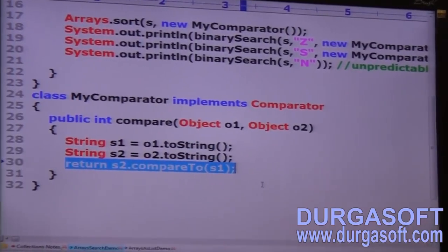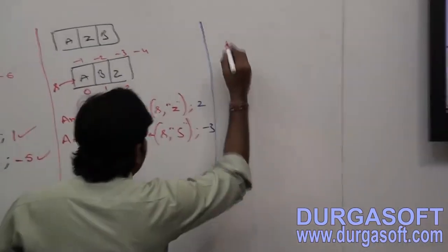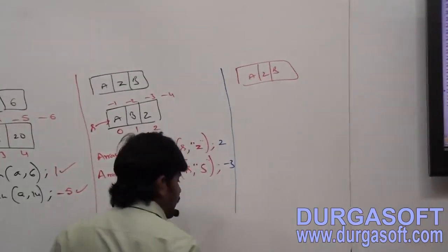Now what will the array become? Actually A, Z, B is the array.